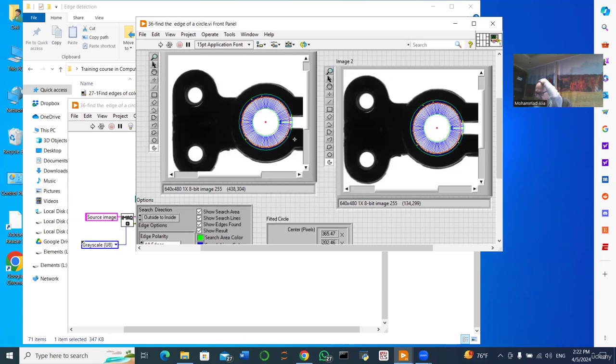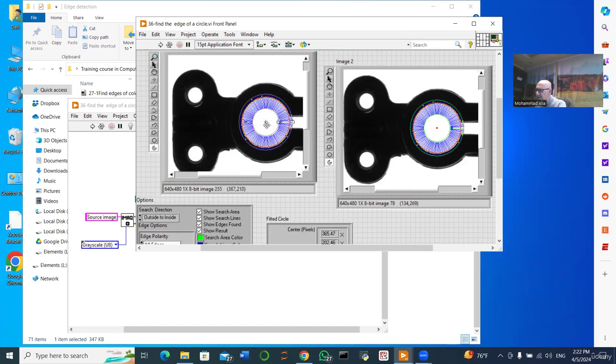Use of these functions is really very frequent in real practice because you are always expected to know some information about different circles and their location and also their area.